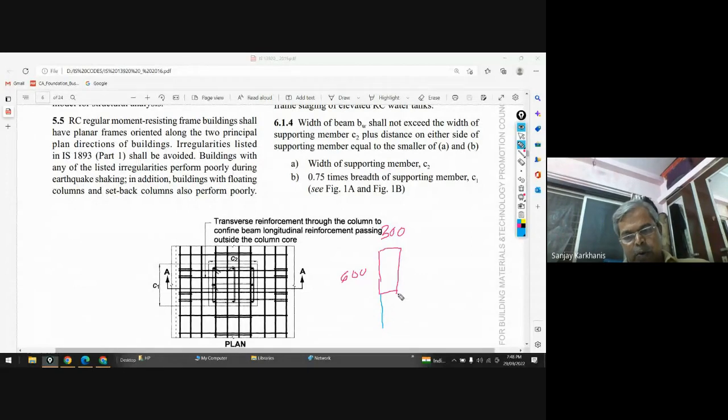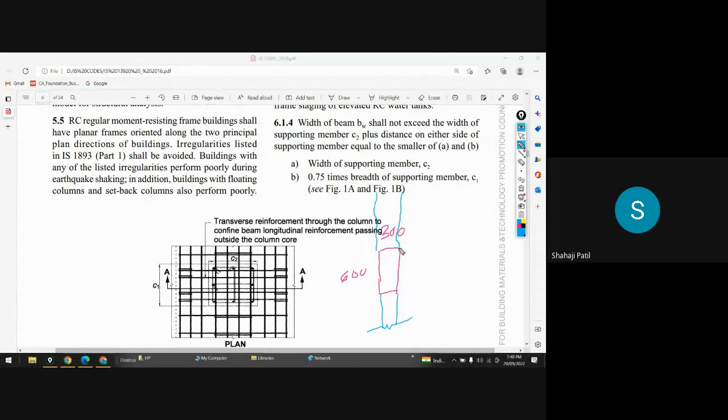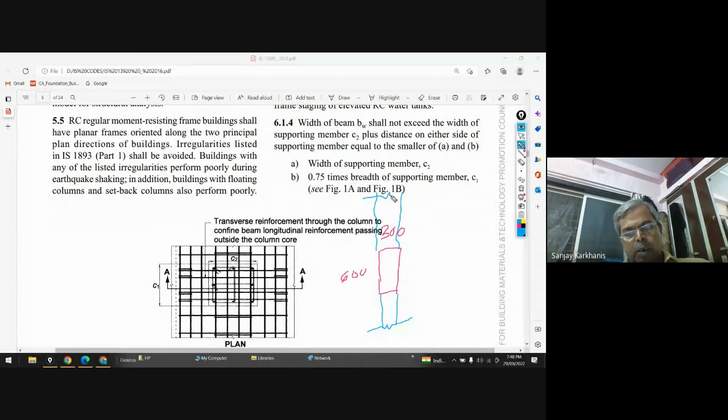How much will be the maximum width of the beam on this line? Size of column, the width of the column. I will say width of column, or in this case, maximum will be this. This is what we see physically.